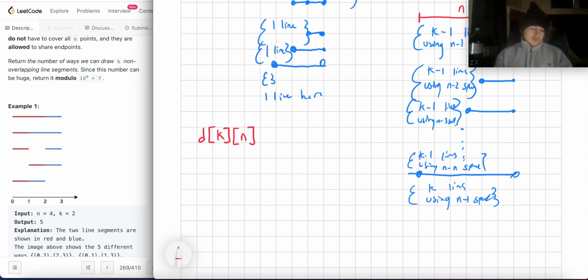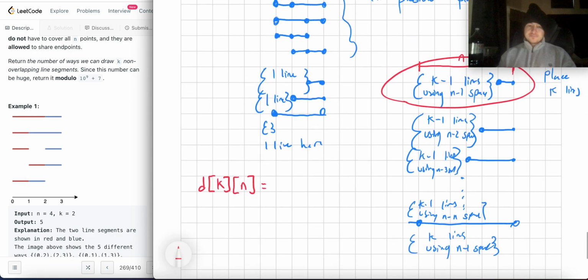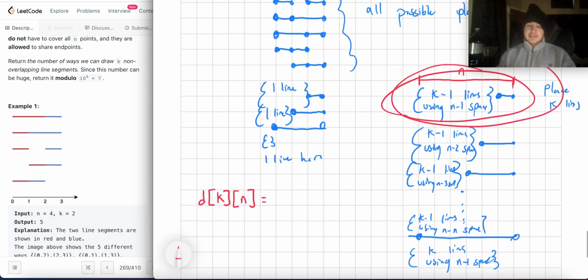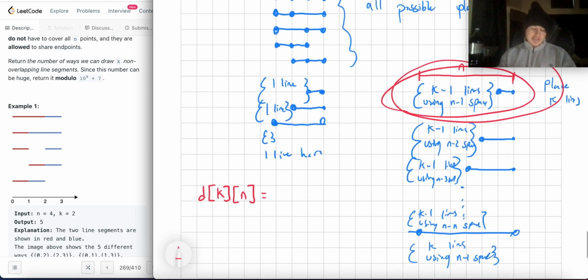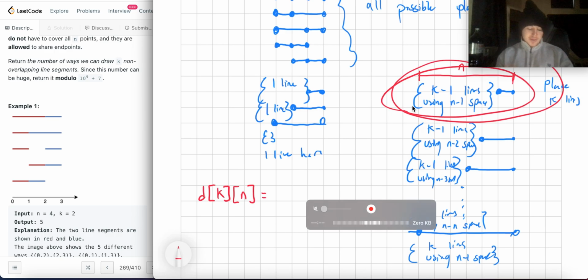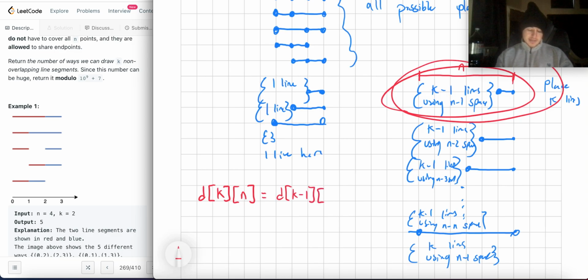Well, I can distribute the line of length 1, which basically means I'm going to create a line of length 1, which will remove one space from the total space, because when I use this one space, I've allocated it. So I have n minus 1 space available left. And since I've used the line, I can use d of k minus 1, and that line uses space 1, so I have n minus 1 space left.